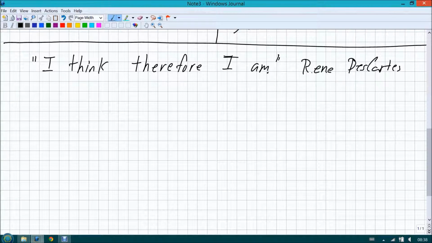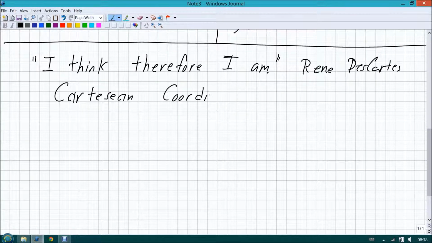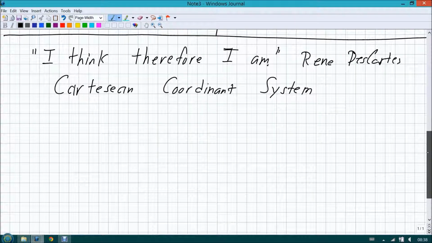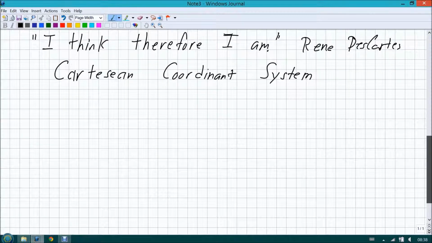Anyway, Rene Descartes created a system for working with functions called the Cartesian coordinate system. What he did is he took two number lines and put them orthogonally, or perpendicular, at a right angle to each other.